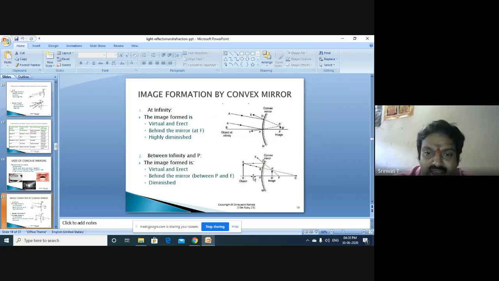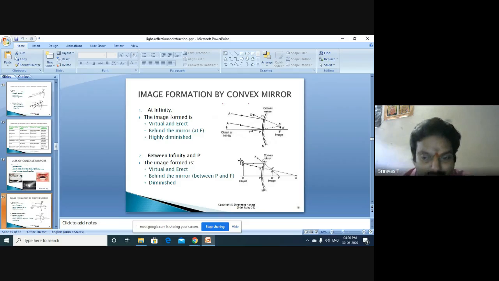This is the object, and it has a certain height. Here you have to assume in a similar manner as we have done. B's image will be found at B dash, and A's image will be found at A dash. So it is virtual and erect, behind the mirror between P and F, and finally it is diminished. That is what we have to observe.